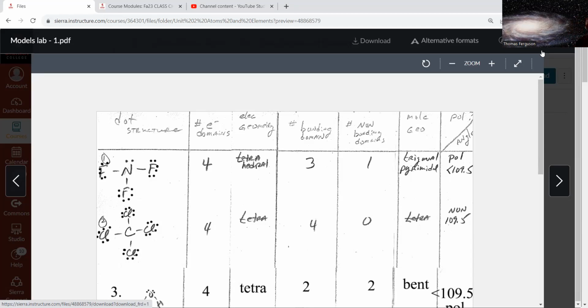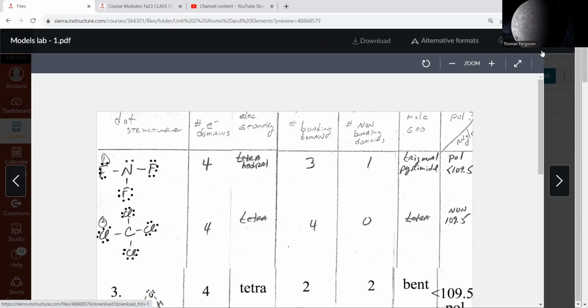And I gave you lots of practice. For example, NF3. Okay, that's going to have 4 electronic groups or domains. Electronic geometry is going to be tetrahedral. Bonding versus non-bonding, 3:1. That means it's going to be trigonal pyramidal. And then the angle is going to be 109.5.